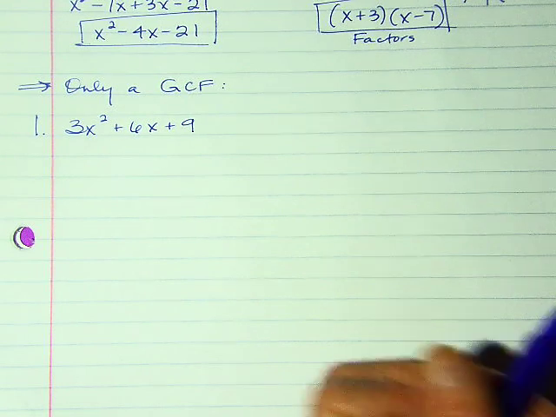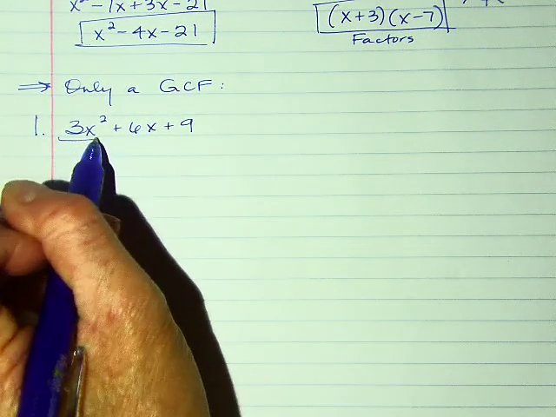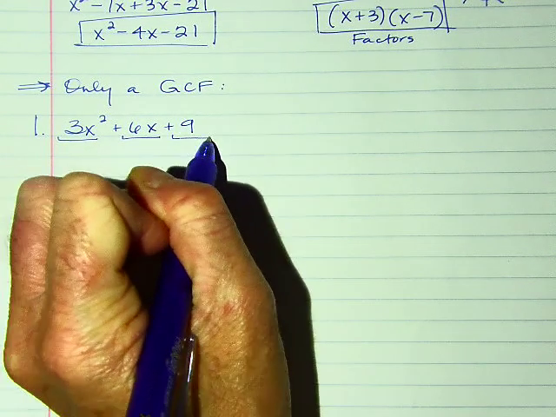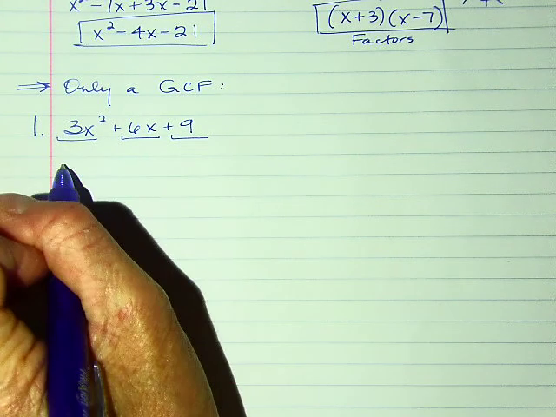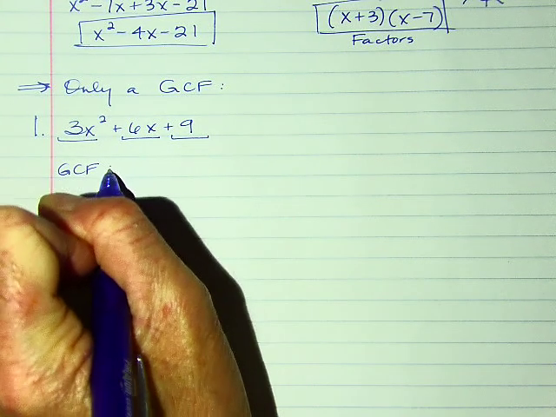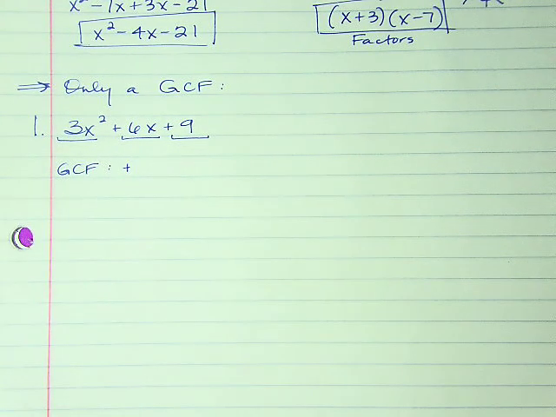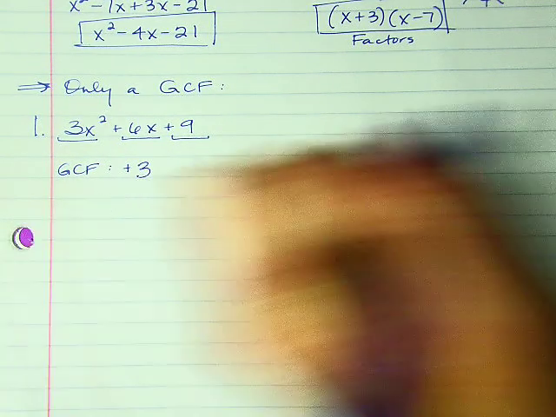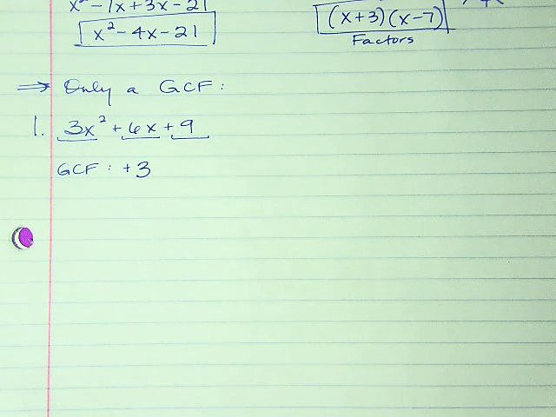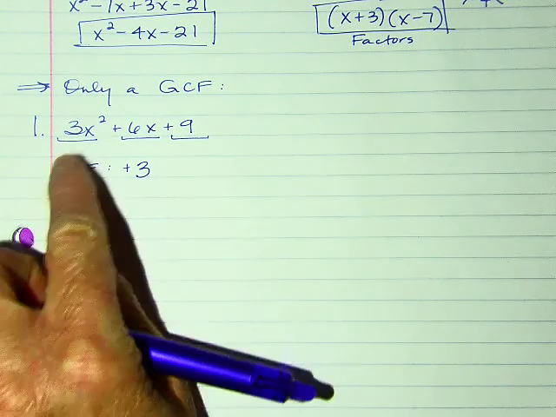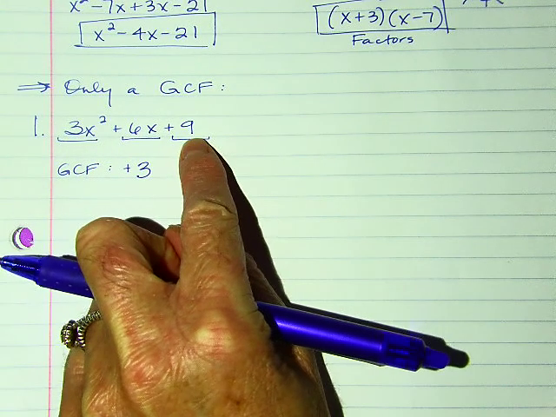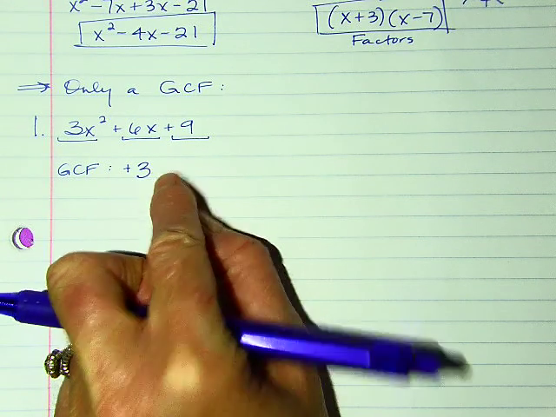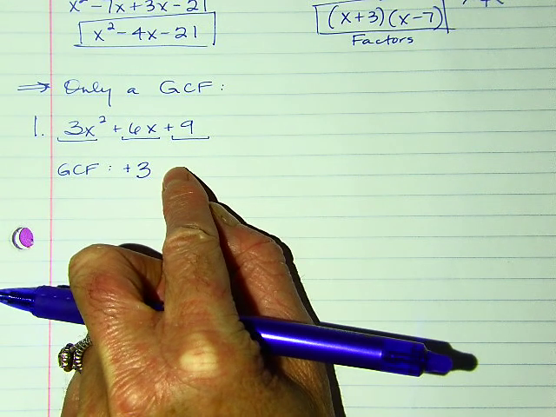If I look at these three terms, I notice they're all positive. And I notice that 3, 6, and 9 are all divisible by 3. They do not all have an x. Notice these two have an x, but this one doesn't. So they do not have x in common. So I would say their GCF is 3.